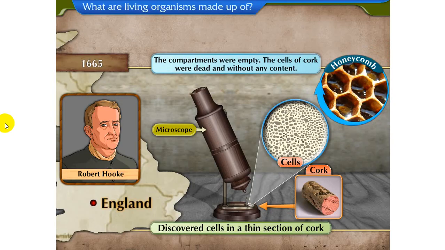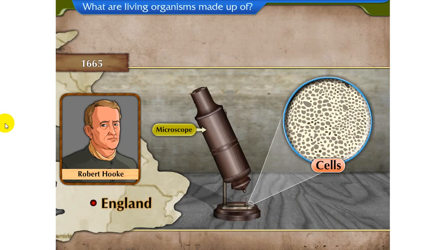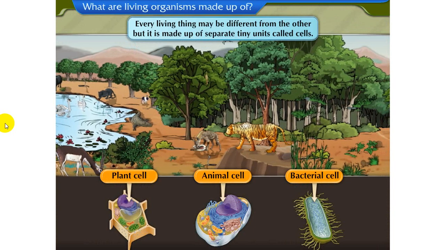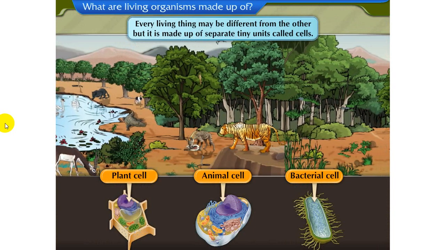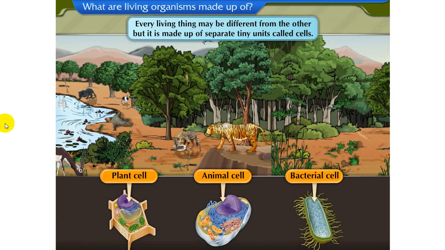The compartments were empty. The cells of cork were dead and without any content. He labeled the compartments as cells. The cell in Latin means small room. Every living thing may be different from the other, but it is made up of separate tiny units called cells.